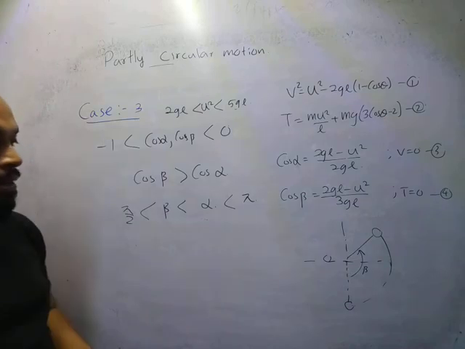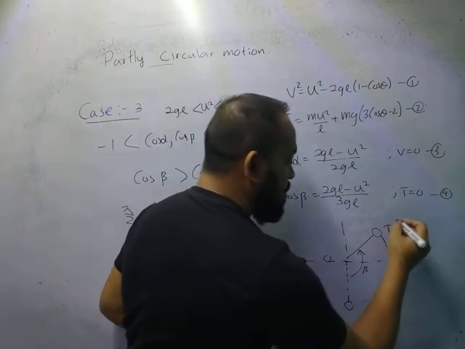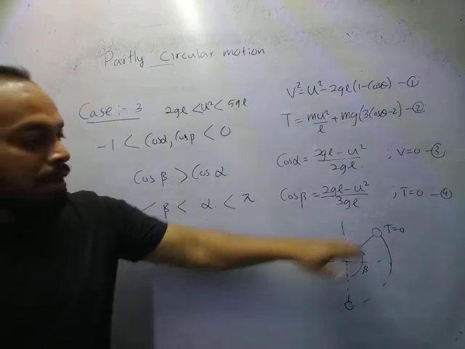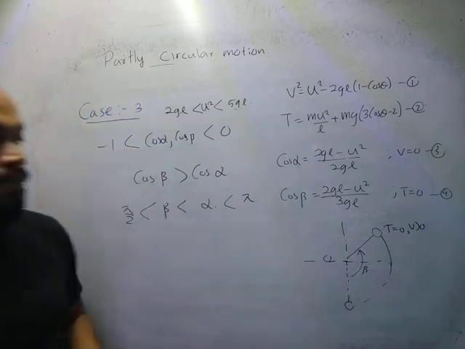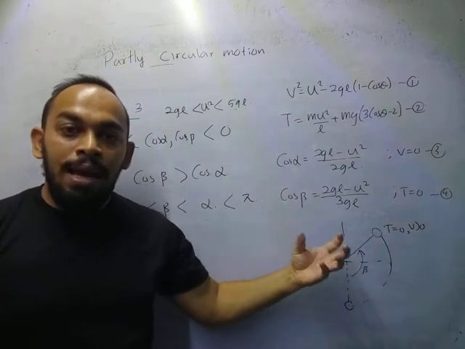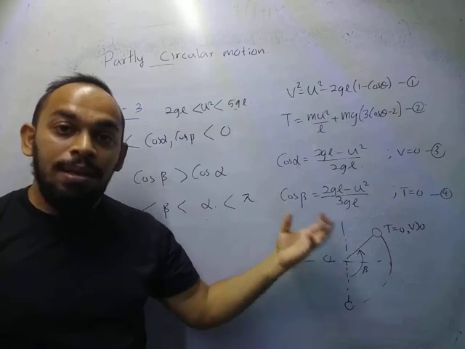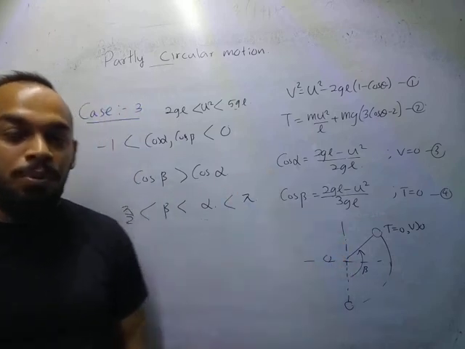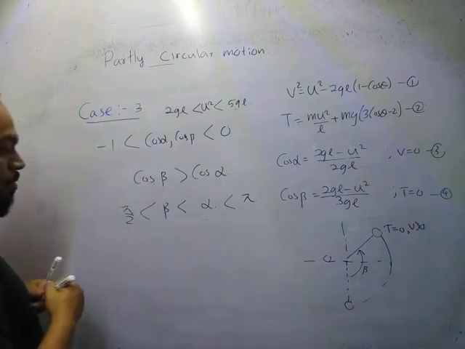The reason is that tension becomes zero at this position. Tension becomes zero first. Now the particle still has a velocity greater than zero, which means it has kinetic energy, so it can move.